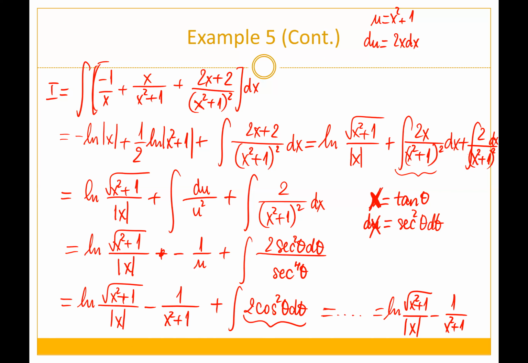So what I end up having is plus half of arctangent, or inverse tangent, of x plus x over 2 x squared plus 1 plus c.